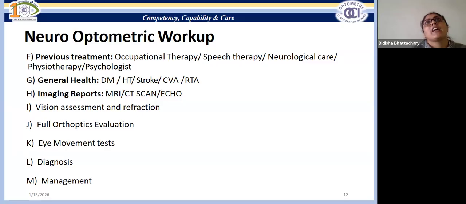But in my career, I have seen two cases. An 8-year-old girl, while going to her school, suddenly had an accident with a truck when she was riding a bicycle. Following that, she had left homonymous hemianopia along with severe reading disability, like dyspraxia. For those patients, if we try to check NPC, it won't be possible for them.